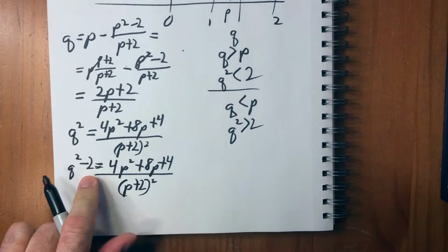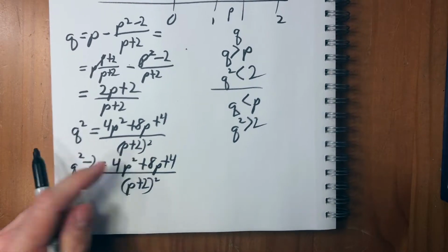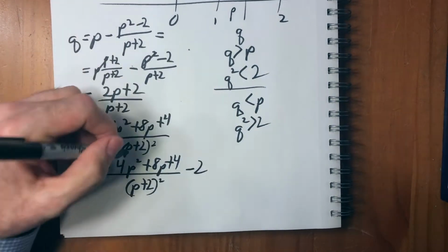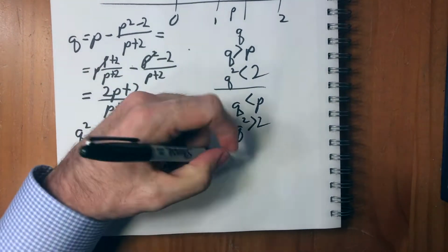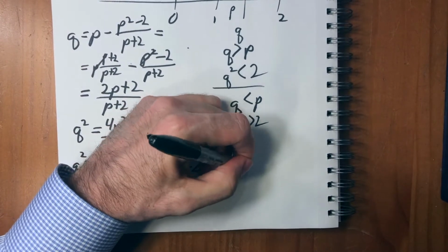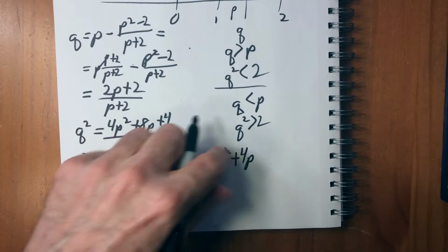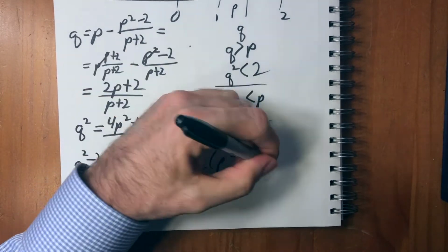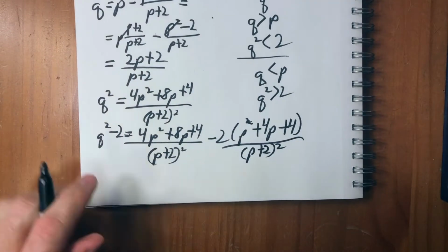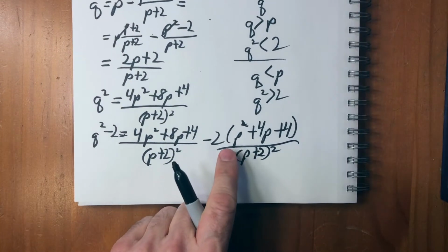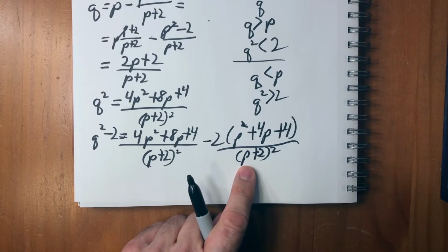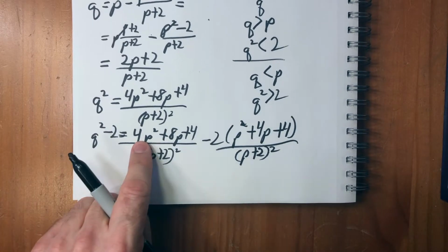And then again, we're going to multiply the top and the bottom by this. It gets a little tedious, but we have minus 2 times (p squared plus 4p plus 4) over (p plus 2) squared. Now, did I do that right? Yes. So this is p to the fourth.